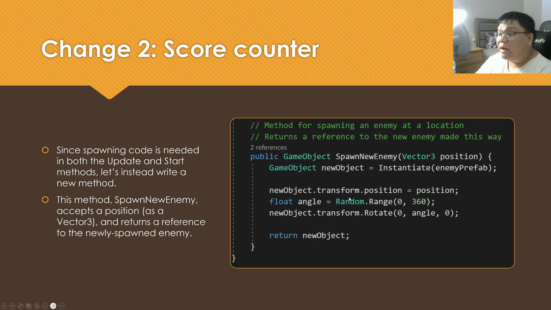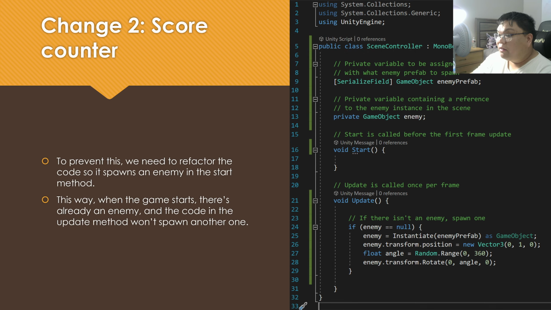We're going to write it as follows. So this method returns a game object, and it takes in as a single argument a Vector3 that denotes where in the world to spawn this enemy. So a lot of this code is going to be nearly identical to the original code down here.